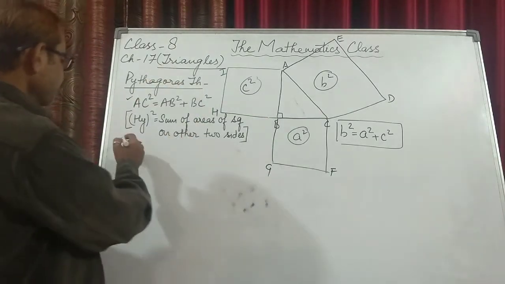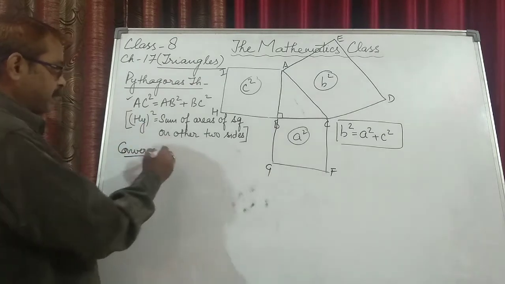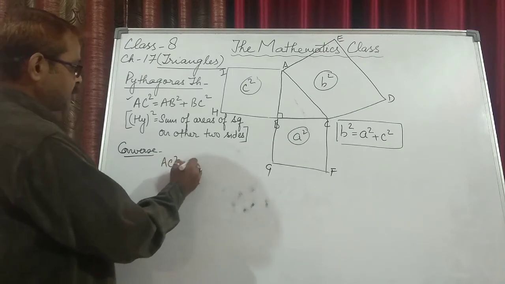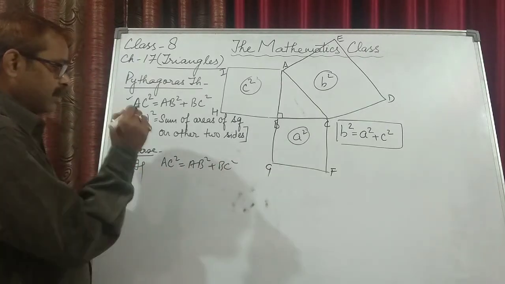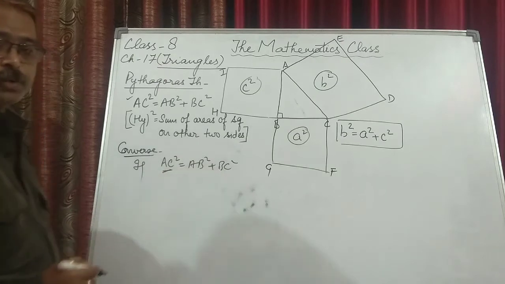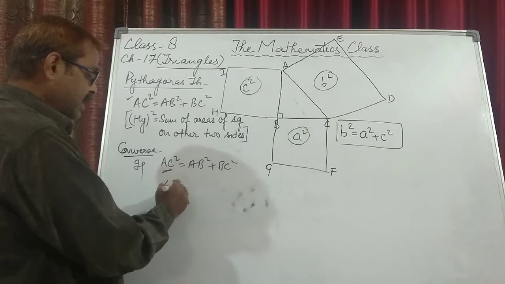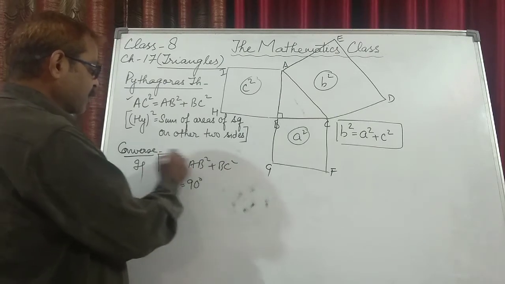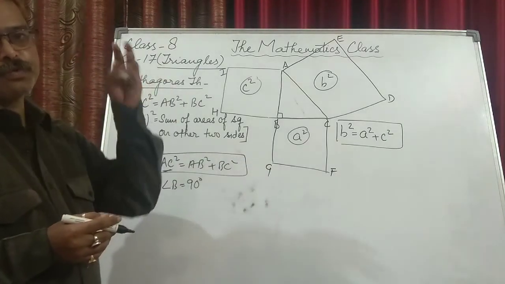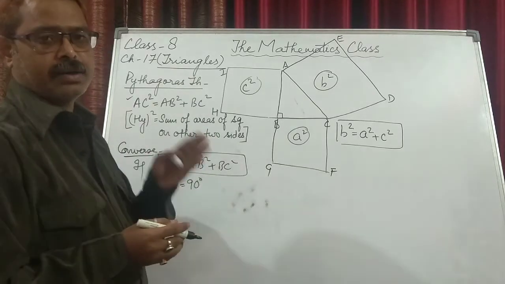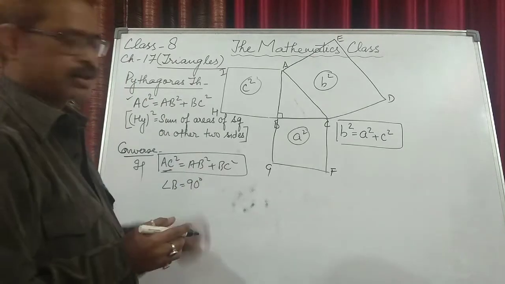Similarly, its converse. What is the converse? The converse is, if AC square is equal to AB square plus BC square, then it is for sure that AC will be the hypotenuse and the angle opposite to AC will be 90 degrees. Or if the hypotenuse square is equal to the sum of the squares on the other two sides, then it is for sure that the angle will be 90 degrees and the triangle will be a right angled triangle.